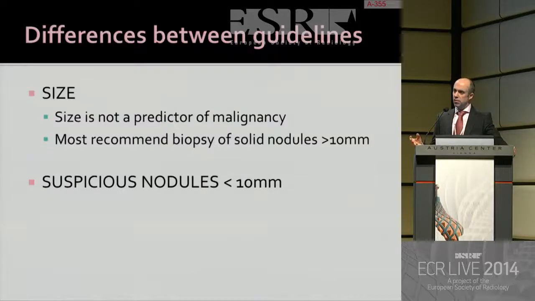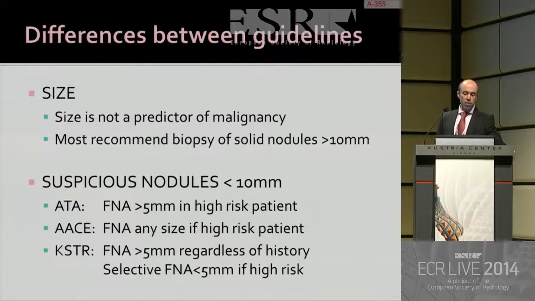Suspicious nodules less than 10 millimetres, and this is the big area of concern where we're unsure about management. There is discrepancy in how to manage these microcarcinomas. The American Thyroid Association suggests FNAing microcarcinomas if they're greater than 5 millimetres with a high-risk clinical history associated.